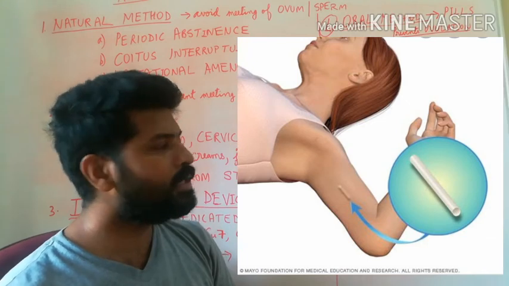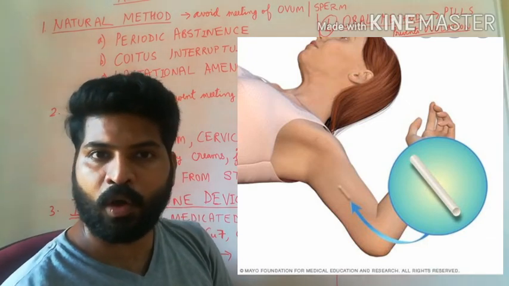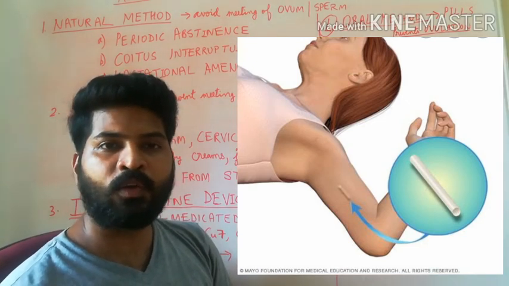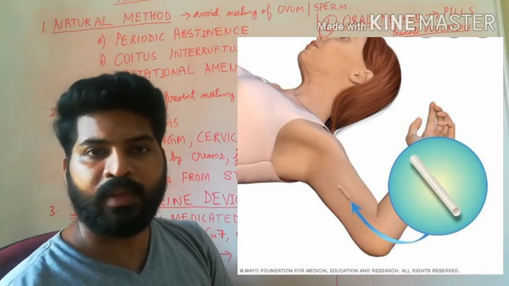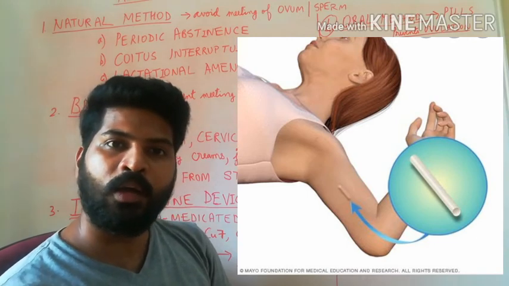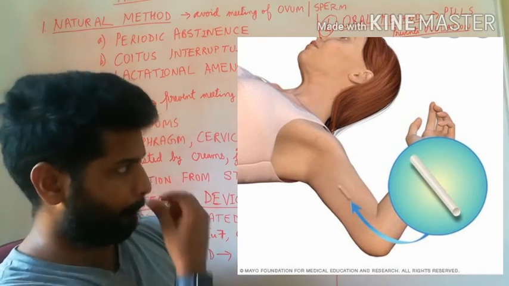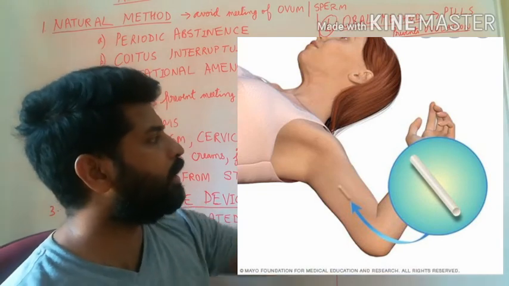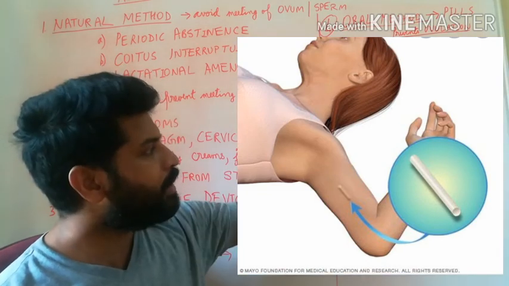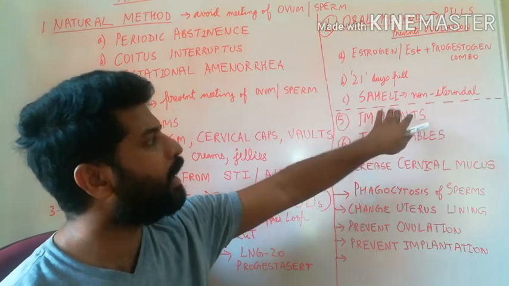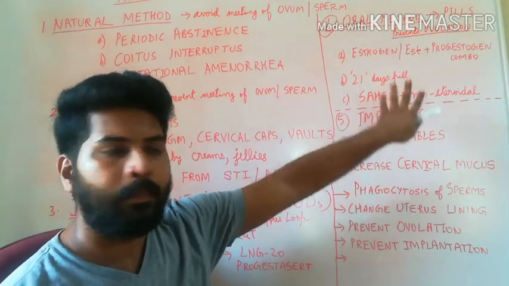It has certain side effects obviously because steroid hormones are being used and it can cause certain irritation. If an irritation is there, it can be removed and once again re-implanted. That is about implants. And then we have injectables. Injectables also work on the same principle like implants and oral methods.